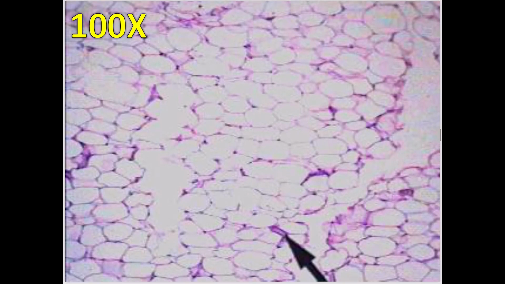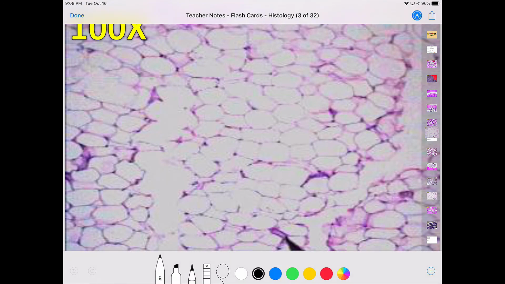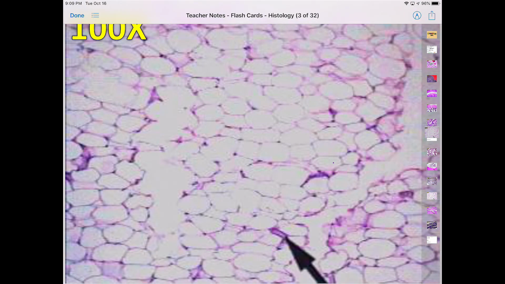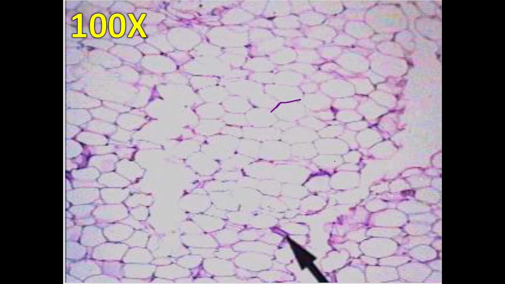So there's not really much for me to label in here. If you're labeling something on your flashcards, if I were you, I would just outline the plasma membrane maybe. So let me get rid of that. Sorry. So maybe just outline the fact that this is all plasma membrane. And you can shade a couple cells in.